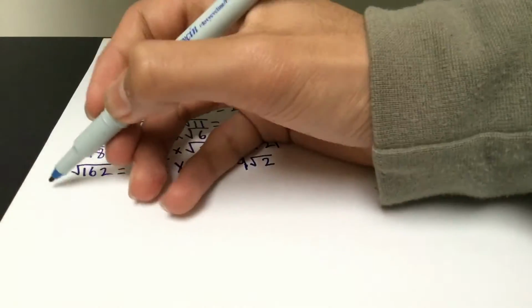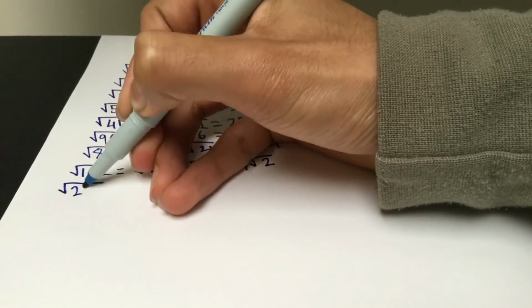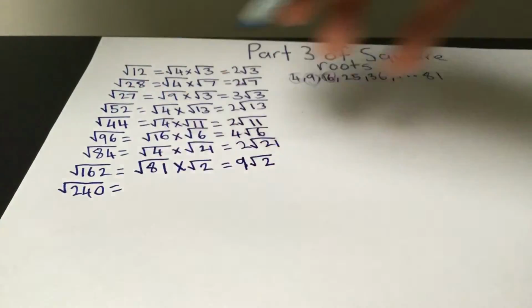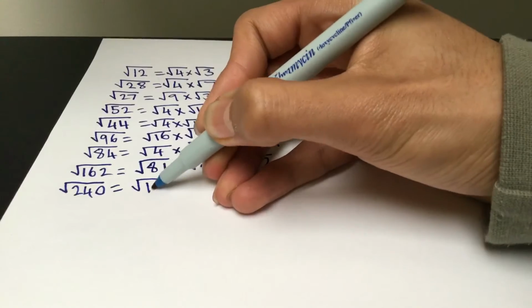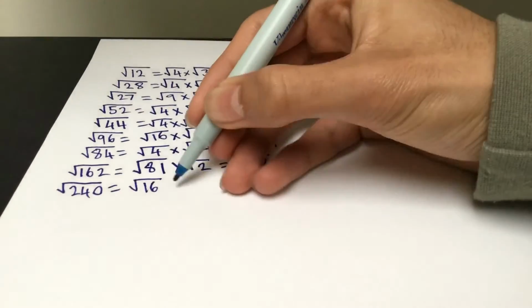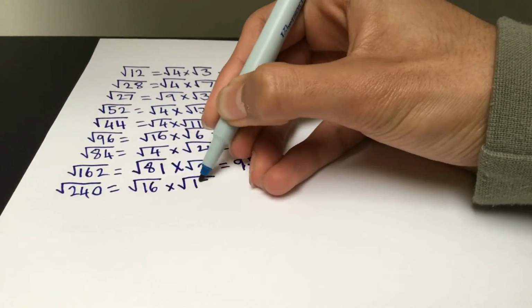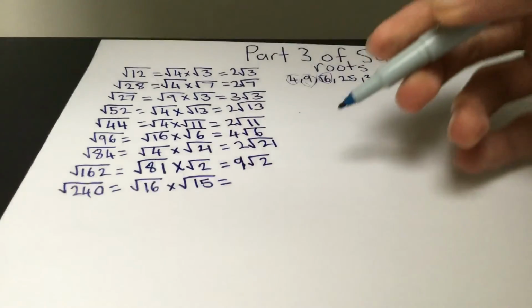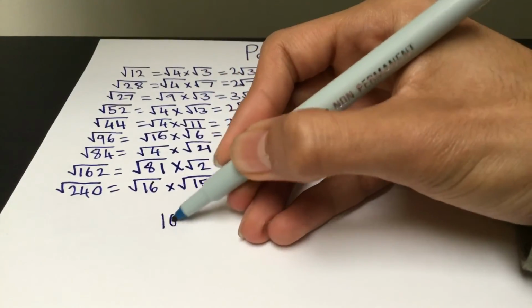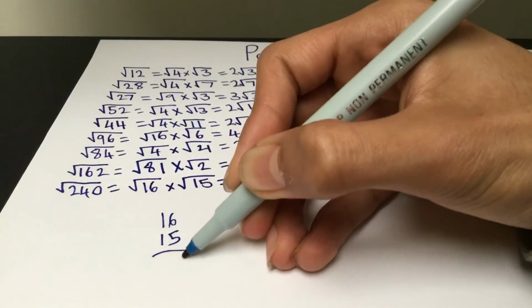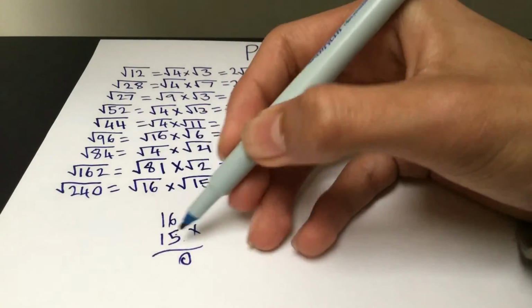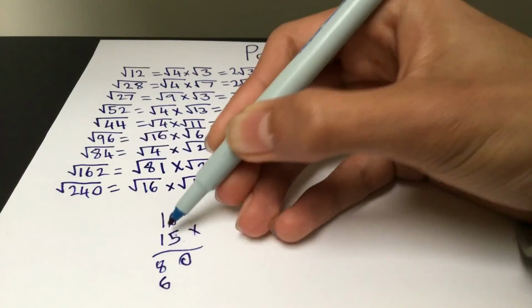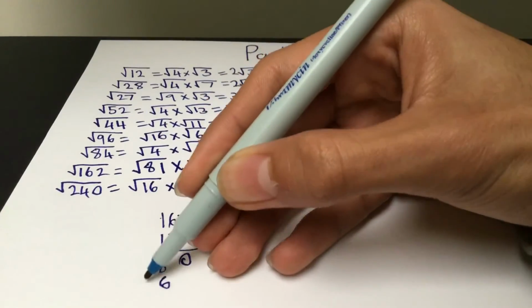And let's move on to square root 240. This time square root 16, and what's left is square root 15. A way of checking this is just to multiply 16 times 15.